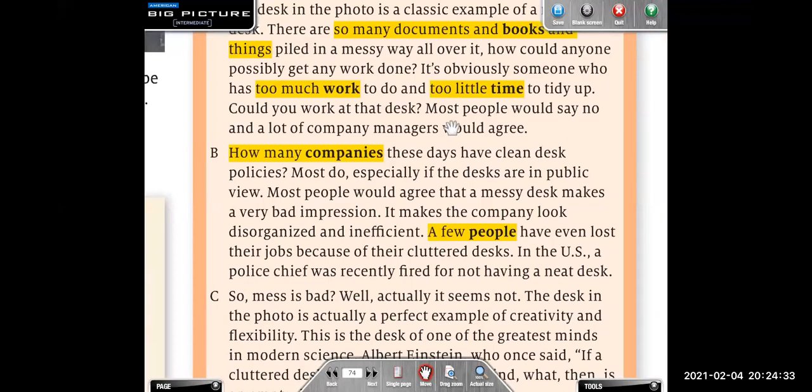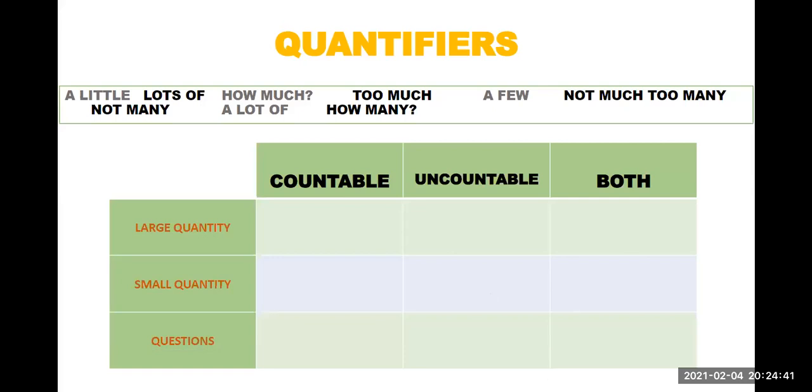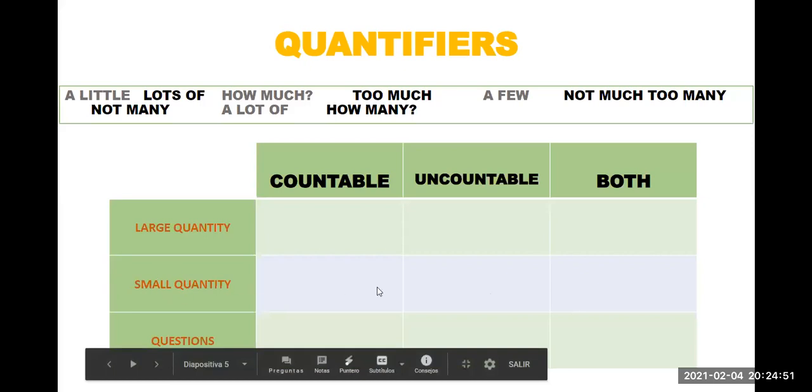So here, a little is for uncountable nouns. For a large quantity or for a small quantity? A little. For a small quantity. Small quantity, right? So we use a little for small quantities and for uncountable nouns.